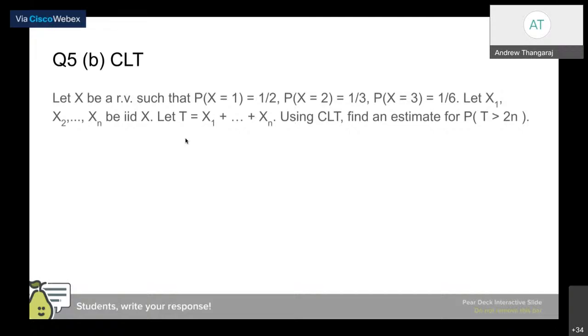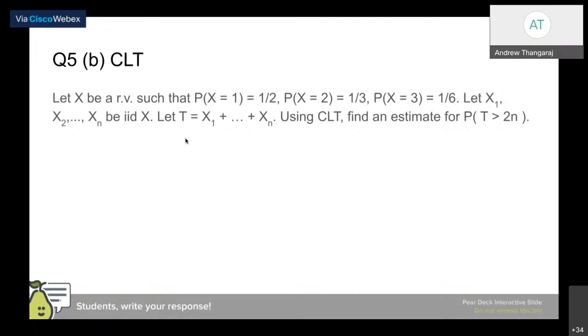If you say t, you're going to get 5n by 3 as the mean and 5n by 9 as the variance. If you say t by n, you will get 5 by 3 as the mean and 5 by 9n as the variance. Whatever you get as the mean and the variance, you can simply take as a normal approximation with that. That's the best way in which I remember it, and that has helped me so far. Is that all right?